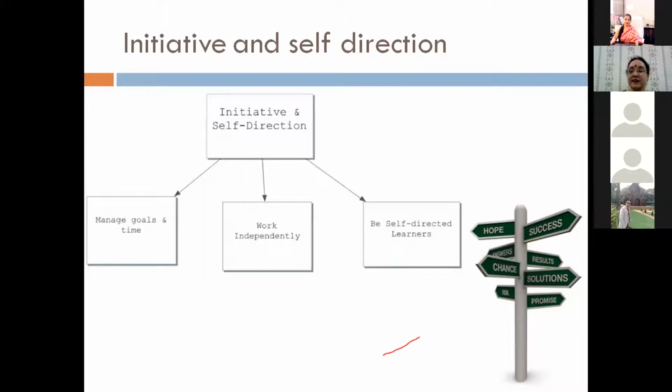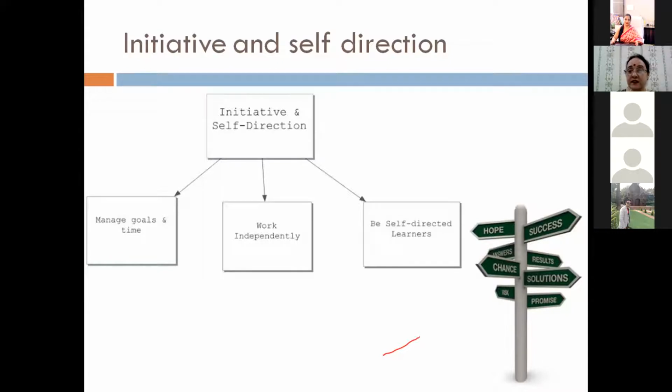Some people never want to come out of their comfort zones, because if you do not come out of your comfort zones, you are never going to achieve anything in your life. So that is very important. Again, self-direction and self-motivation are very, very important. So you have to manage your goals and time and work independently and be self-directed, that you don't have to depend on somebody else's direction.